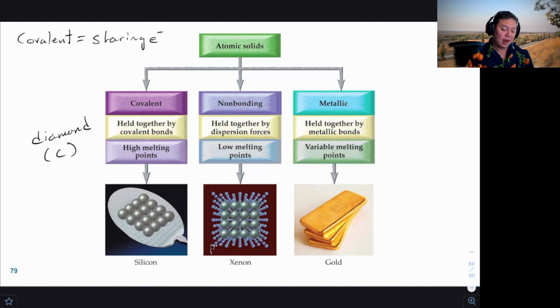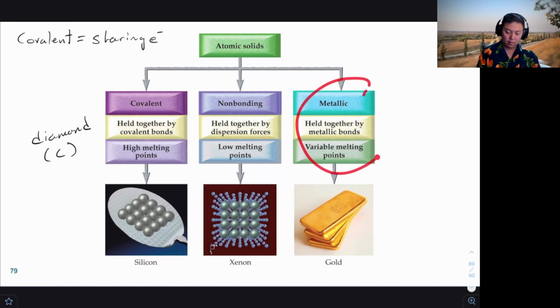And then we also have metallic atomic solids. So things like gold, things that are made of metals. And again, covalent solids are going to have high melting points. Non-bonding atomic solids are going to have low melting points. Metallic solids have variable melting points because metallic bonds are weird, if I'm being perfectly honest.